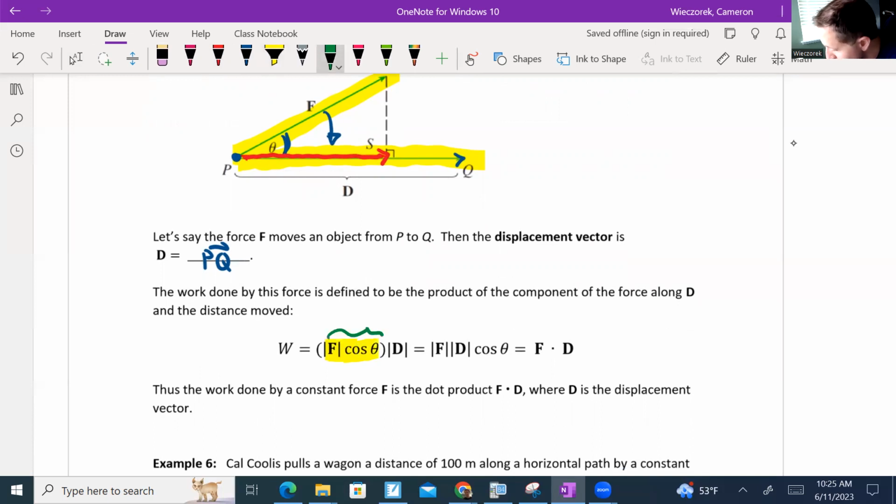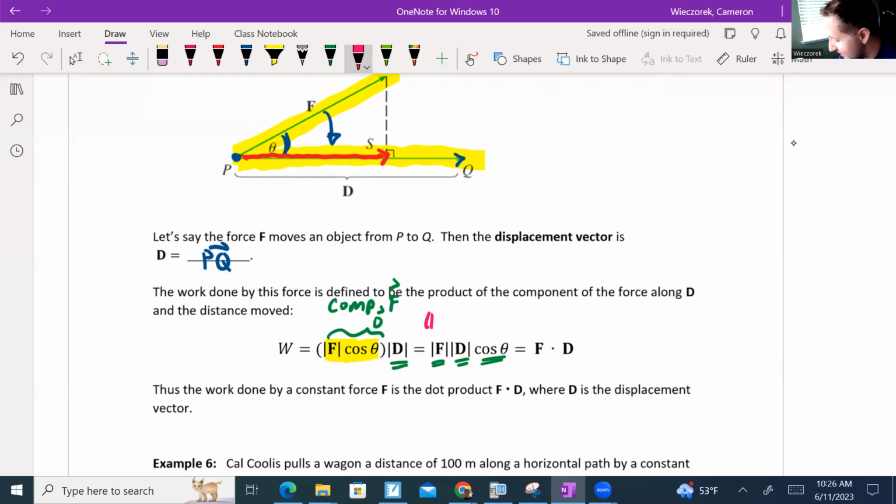So this part right here is your component of F along D, your scalar projection of F onto D, times the magnitude of the displacement vector. That's your distance. How far did you move the object? While rearranging, that's the magnitude of the force times the magnitude of the distance times the cosine of the angle between the force vector and the displacement vector.